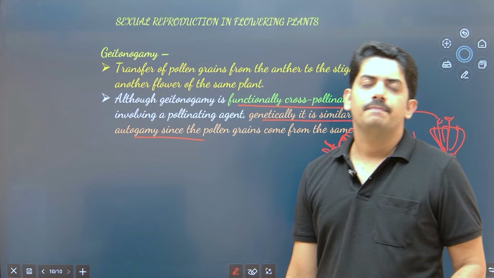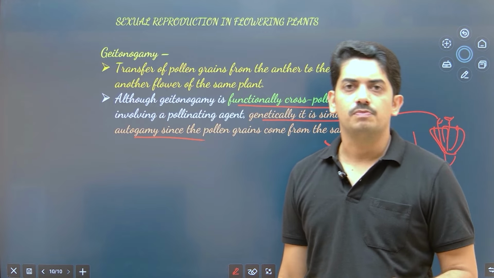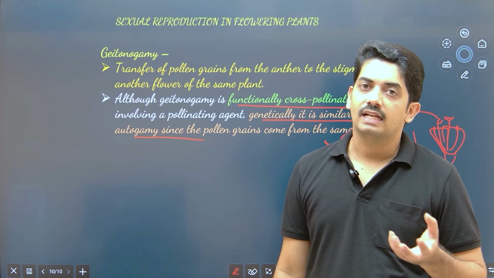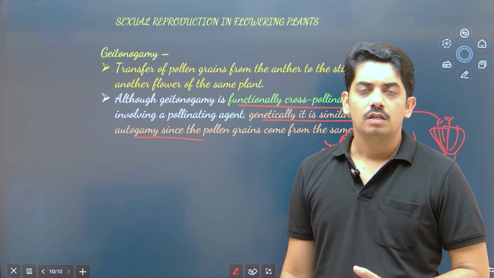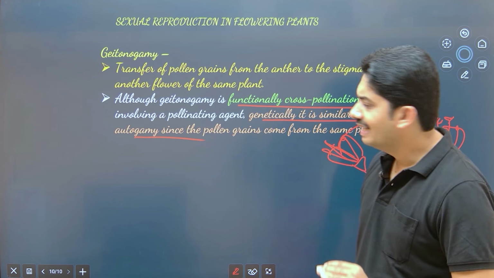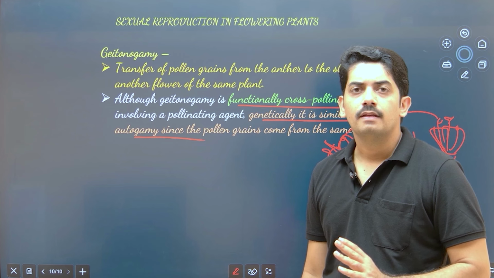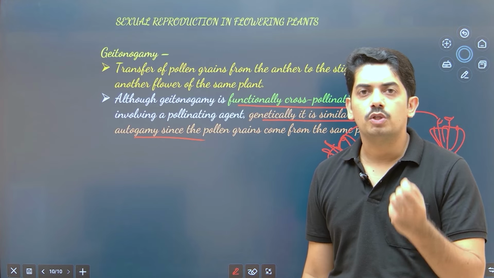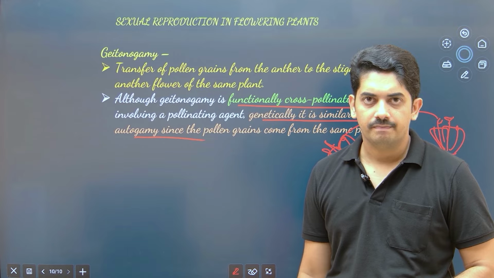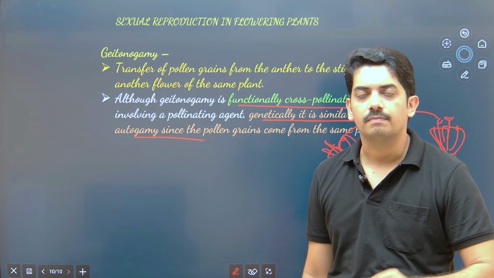So whenever this type of statements are observed, you can expect assertion and reason type of questions from this. Suppose the assertion is given like this: geitonogamy is similar to autogamy. Okay, that is the assertion.